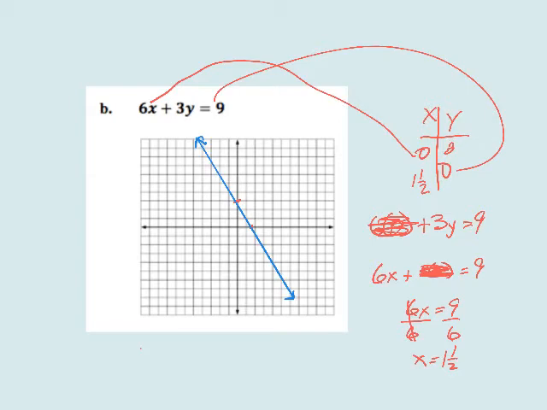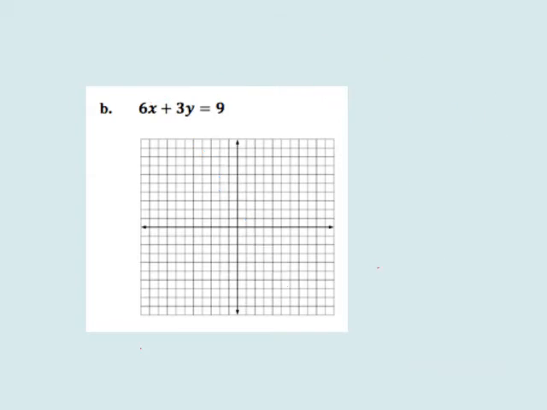Now, what a lot of people are doing is they're trying to change this into slope-intercept form, and that's just not advisable. It's really kind of dumb. Sure, it'll work. It just takes a lot more work. So now you've got 3y equals negative 6x plus 9.